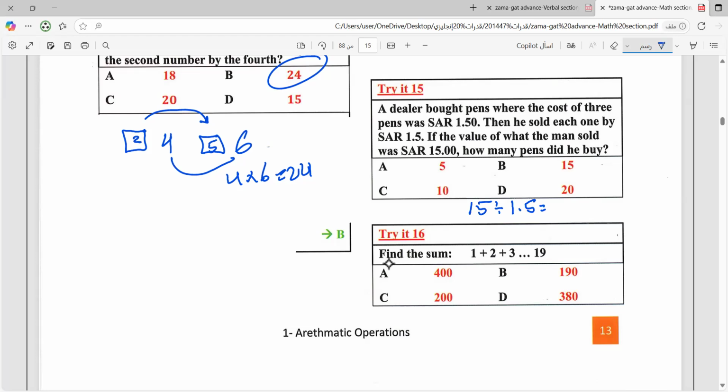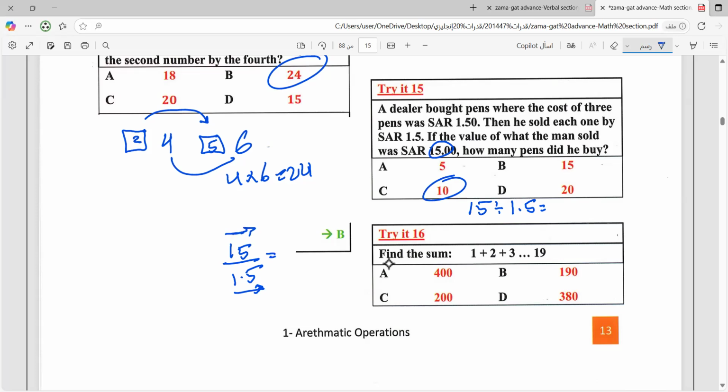Look, 15 divided by 1.5, I think 5. He bought 5 pens.